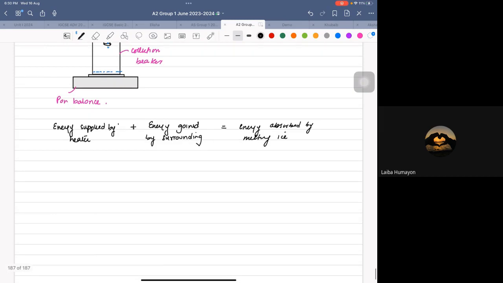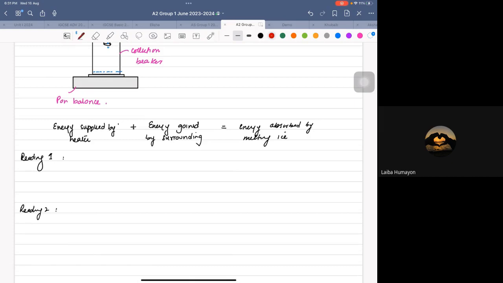So let's suppose we want to find in reading one, we will not turn on the heater, so we will say the heater is turned off. Let me write reading 2 as well, so that in one go we can do it.